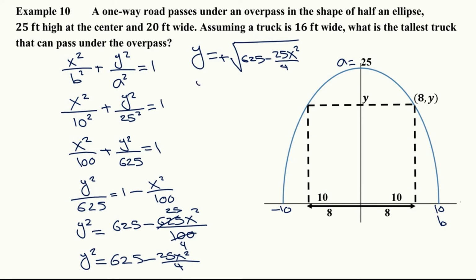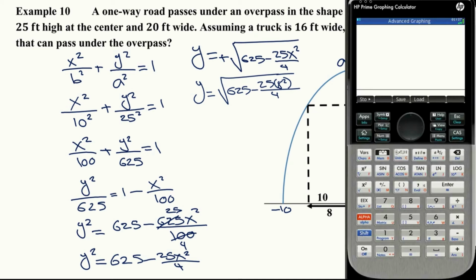So all we have to do is now substitute 8 for x and find the corresponding y value. So we get y equals the square root of 625 minus 25 times 8 squared over 4. And now it's just a matter of computing that.